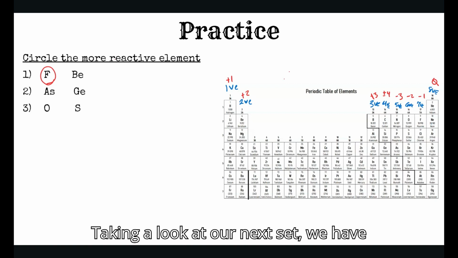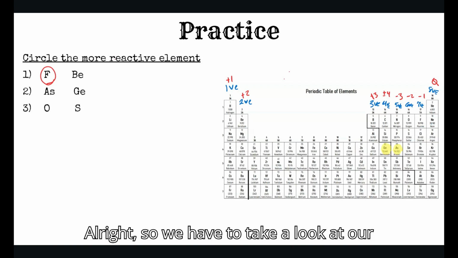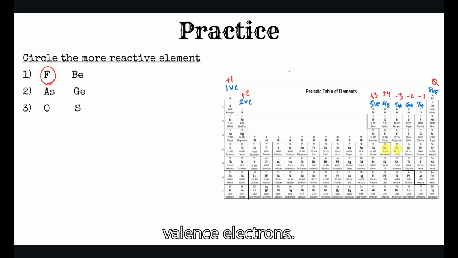Taking a look at our next set, we have our AS and we have our GE. All right, so we have to take a look at our valence electrons. Now, our GE can either gain 4 or lose 4. Our AS will need to gain 3 electrons.